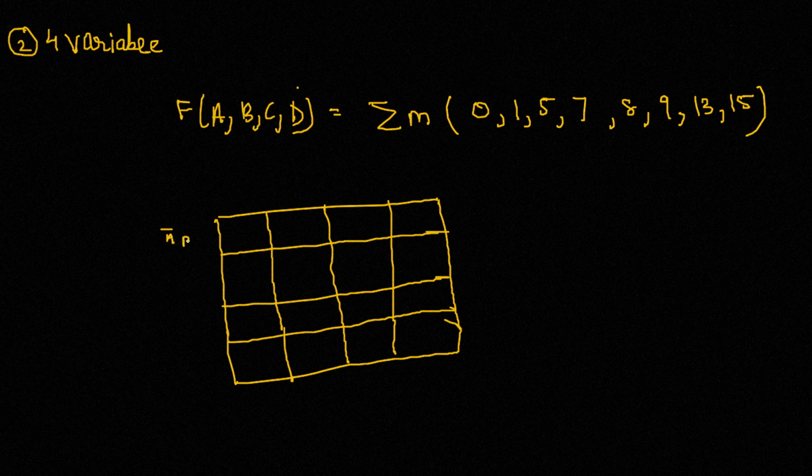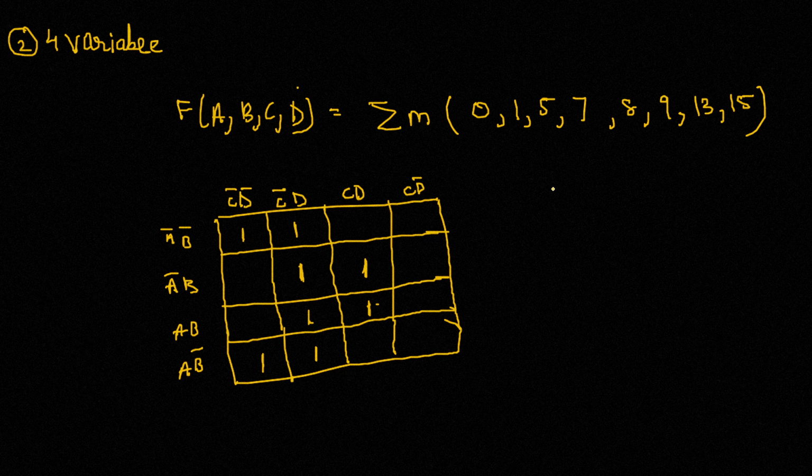Let this be A complement, B complement, A B, and A B complement. This is 0, this is 1, this is the fifth, 7, 8, 9. Then we have 13 and 15.